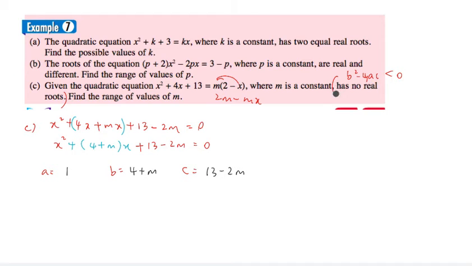So now we start with b squared minus 4ac less than 0.